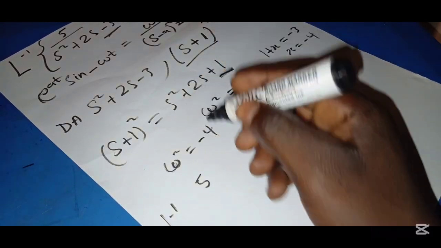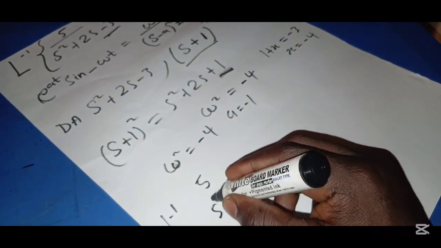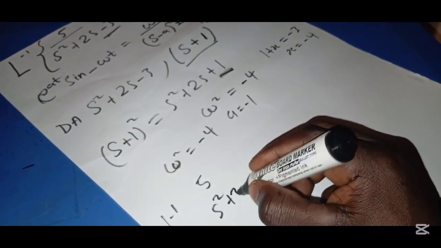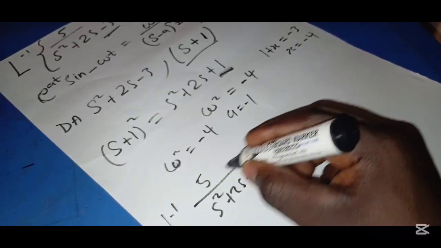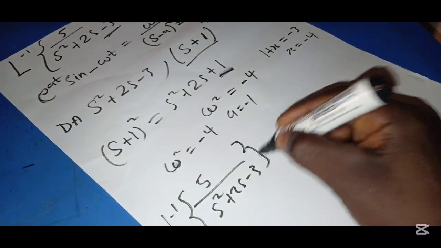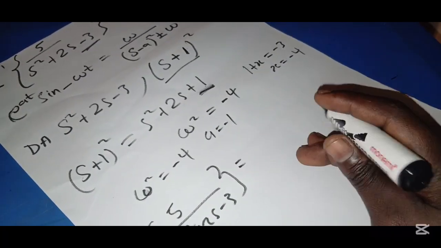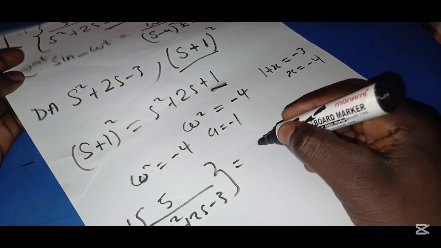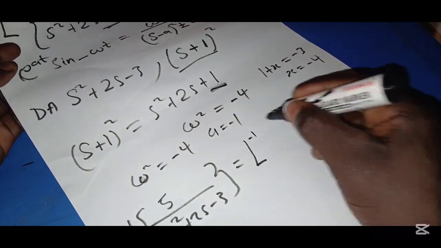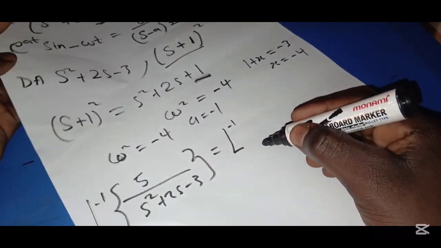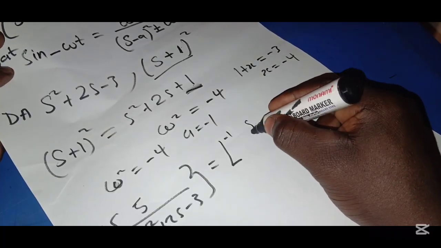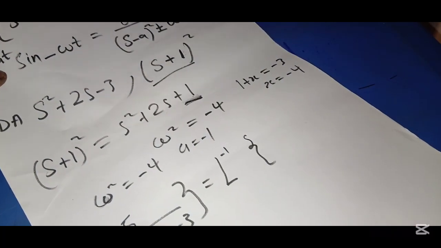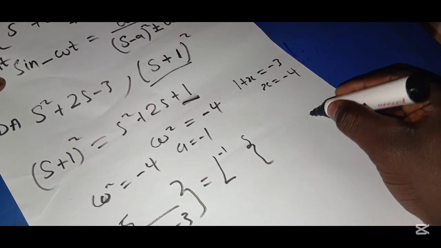5 over s squared plus 2s minus 3 should be proportional to the inverse Laplace transform of... What did we get our denominator to be?